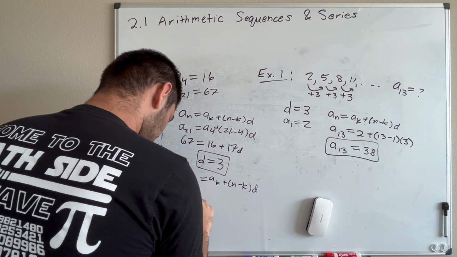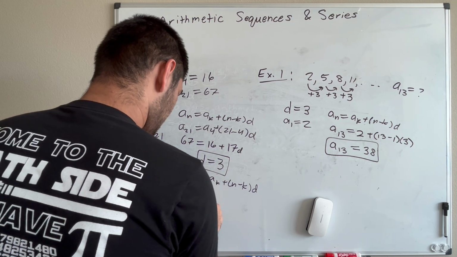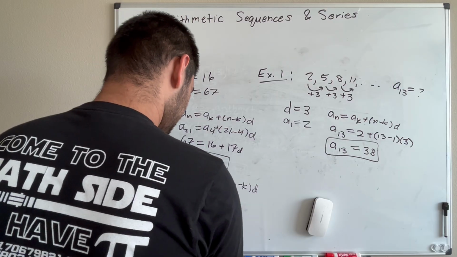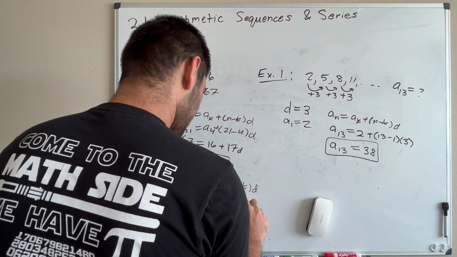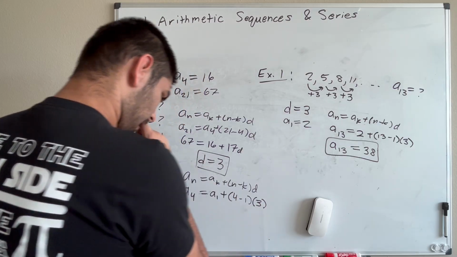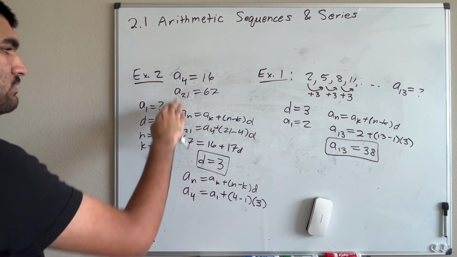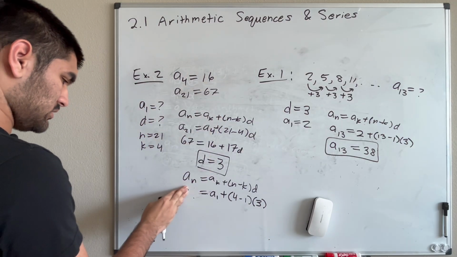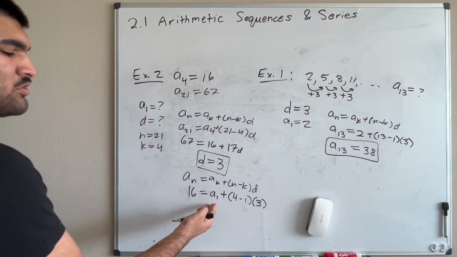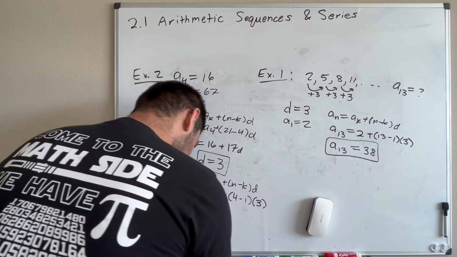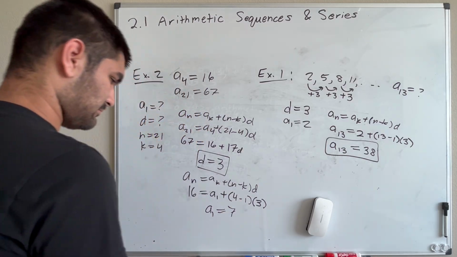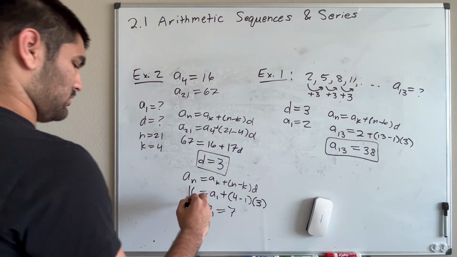So if we set n equal to 4 and k equal to 1, we get a4 is equal to a1 plus 4 minus 1 times the common difference, which we know is 3. And like we said, a4 we already know, it's 16, so we can just replace this with 16. Now the only unknown is a1, so we can solve for a1, and you should get 7. Okay, good.